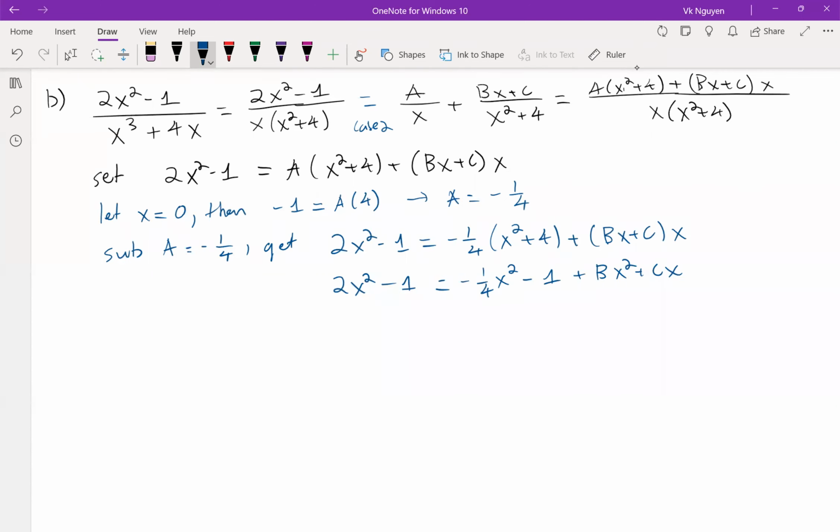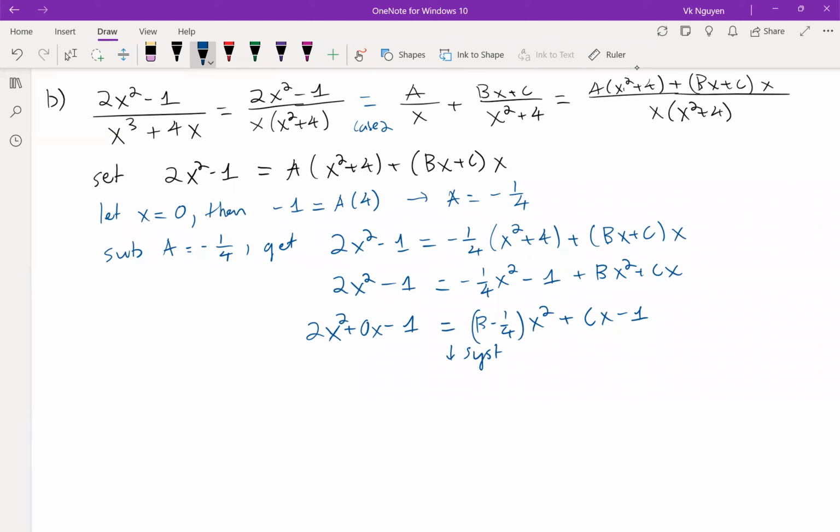Okay, I get the x squared together. So 2x squared minus 1 equals b minus 1/4 times x squared plus cx minus 1. There is no extra x here, so this is the same as 0: 2x squared plus 0x.